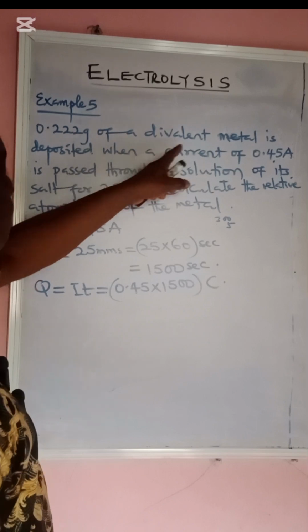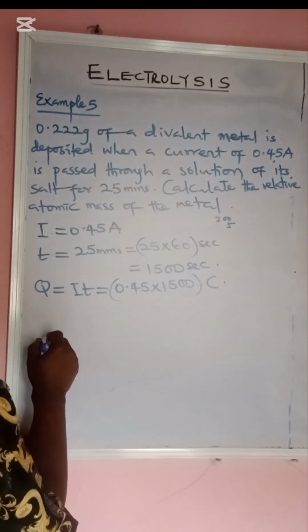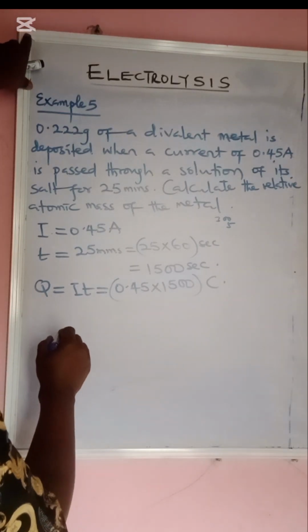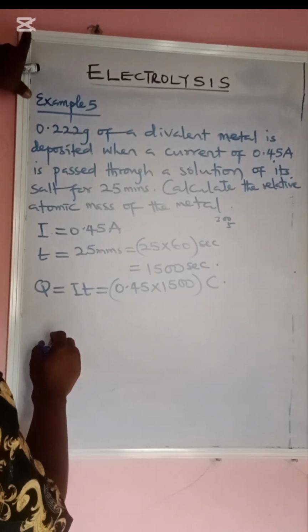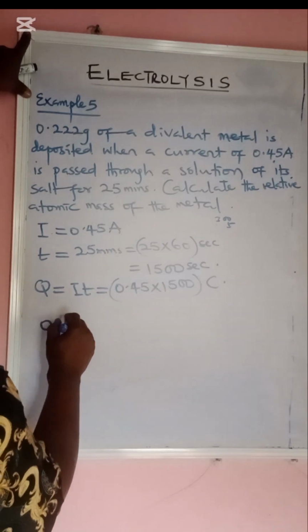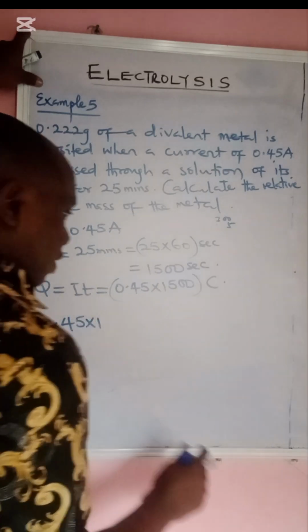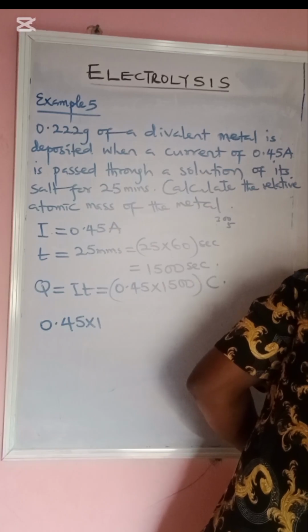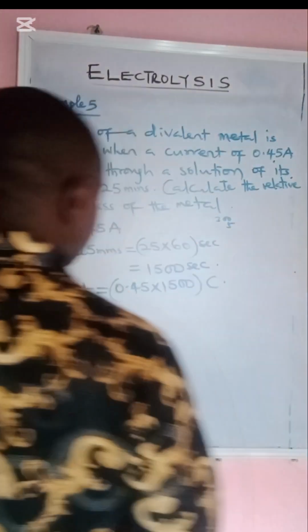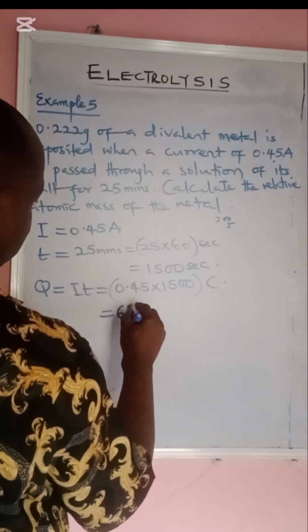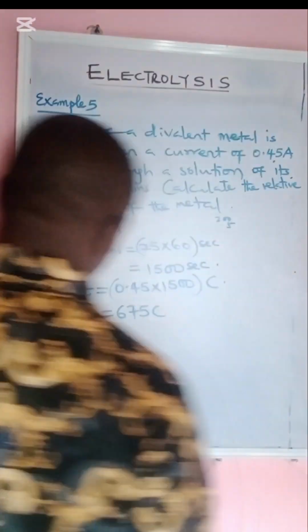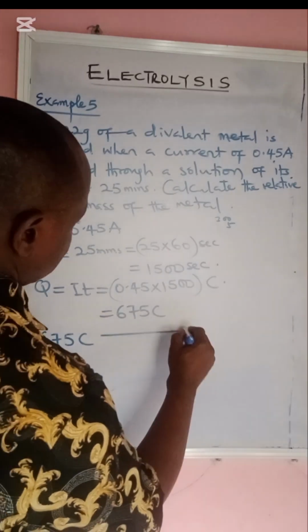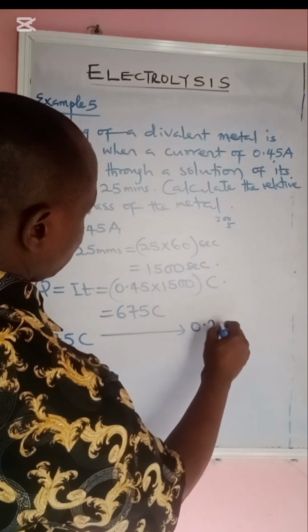So they said a divalent metal, it means 2 Faradays. 0.45 times 1500 will give us 675 coulomb. So 675 coulomb deposits 0.222 gram.